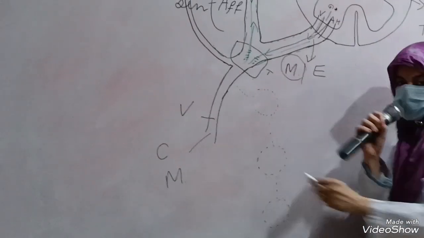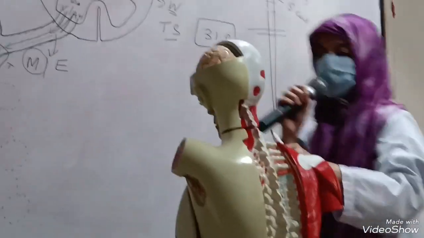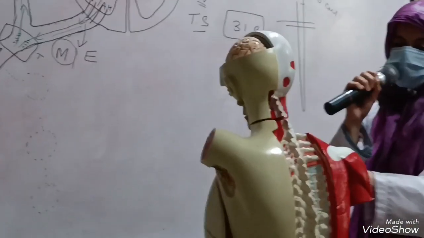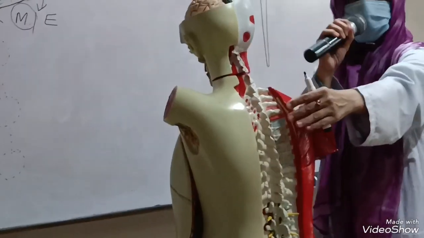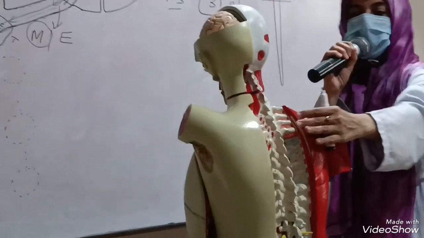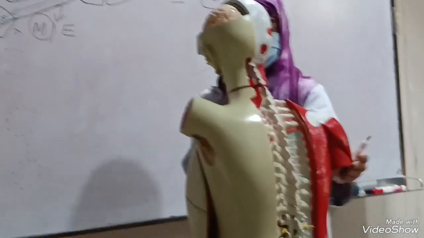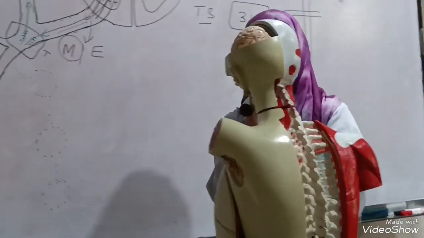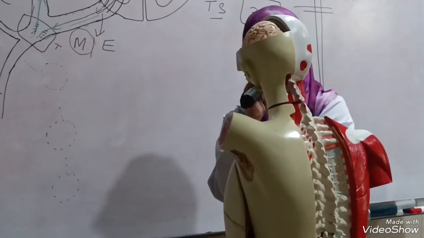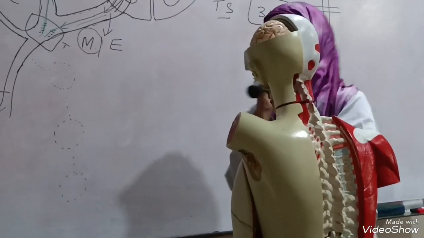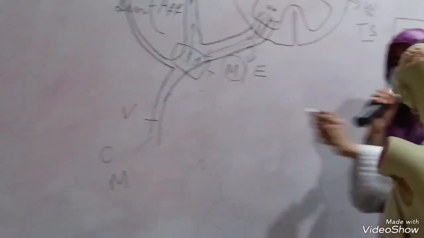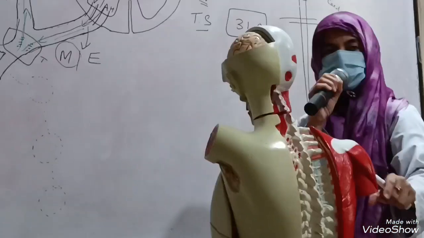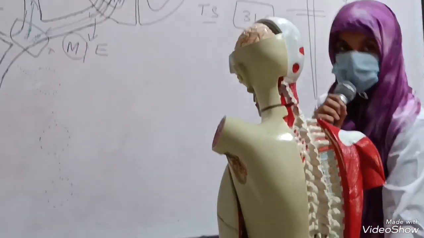If you are looking to the back, the dorsal spinal nerve or its ramus is going on the posterior aspect, right? And the ventral ramus is covering the lateral body wall and the anterior body wall. In addition to this, that ventral ramus is going to supply your upper limb and your lower limb.